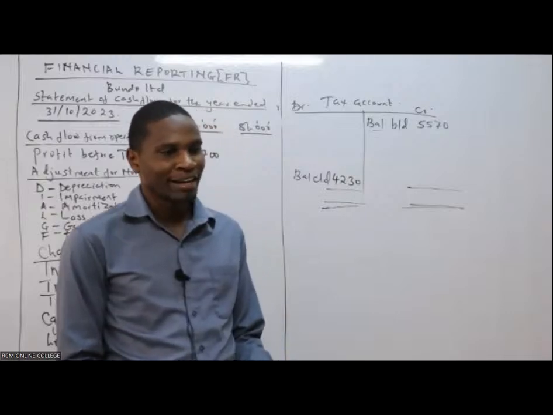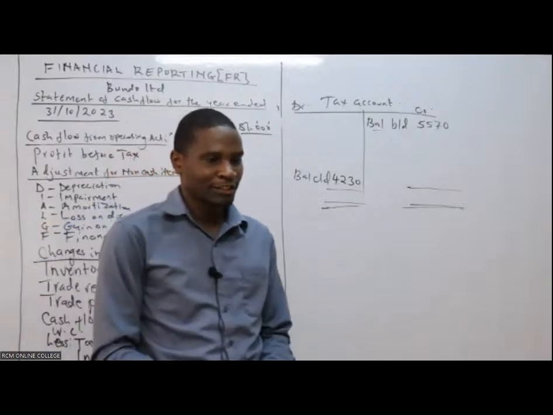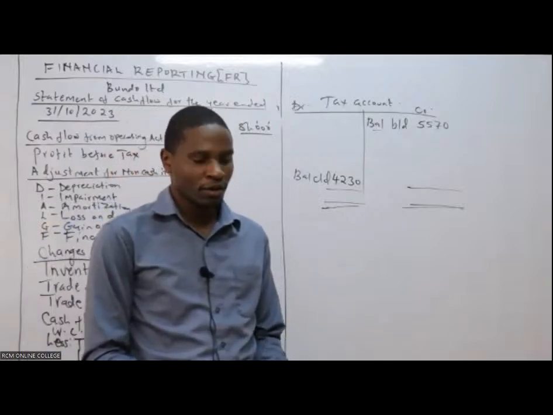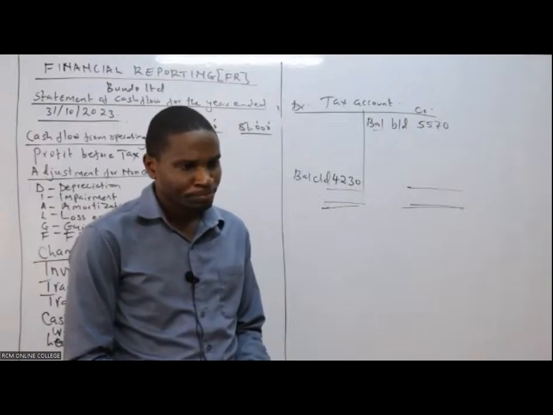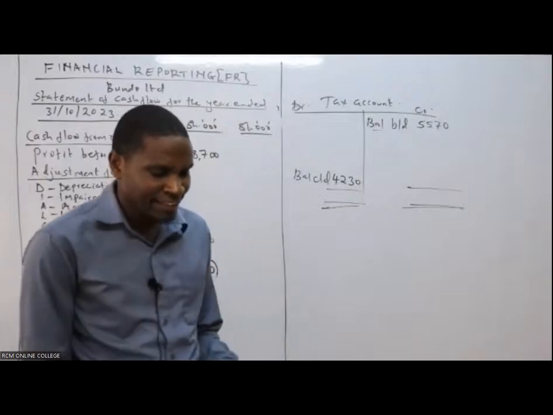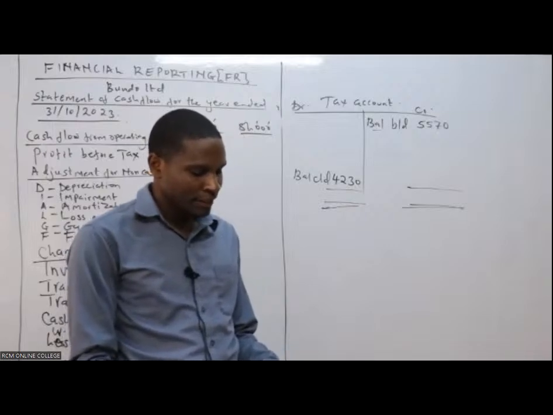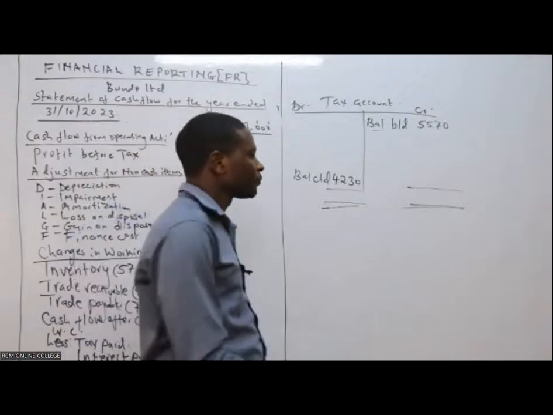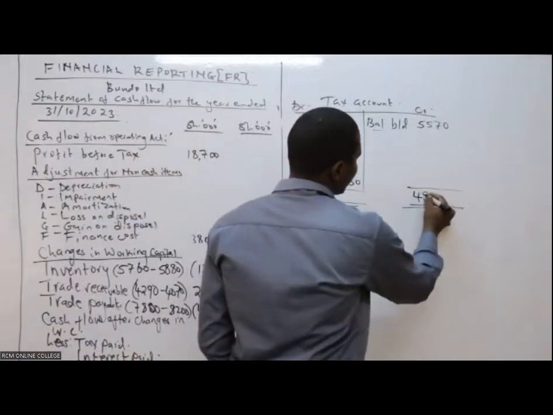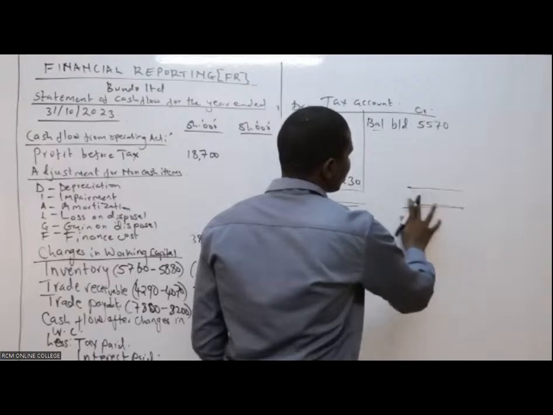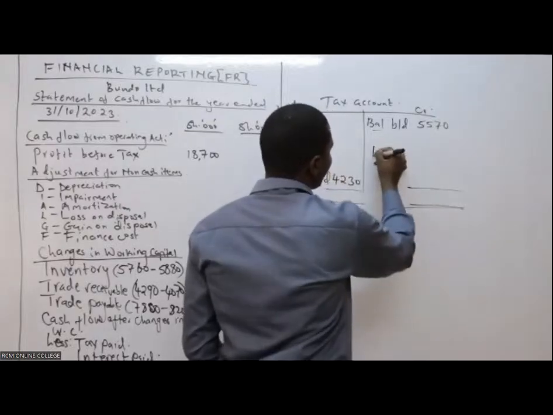Aha, nimeiona. How much tax did they pay? Just check the original income statement. 4830. Yes, I can see 4830. Asante. This is coming from the income statement.